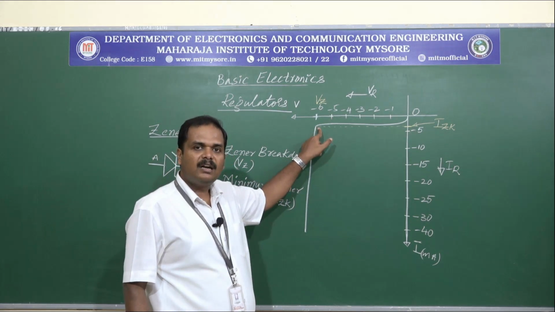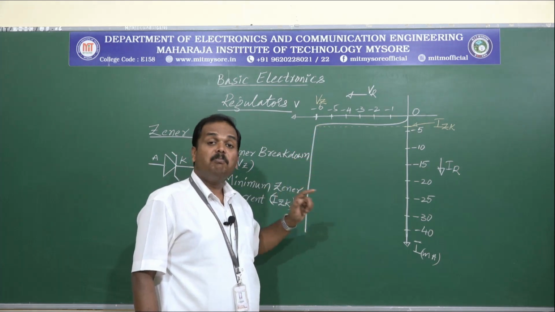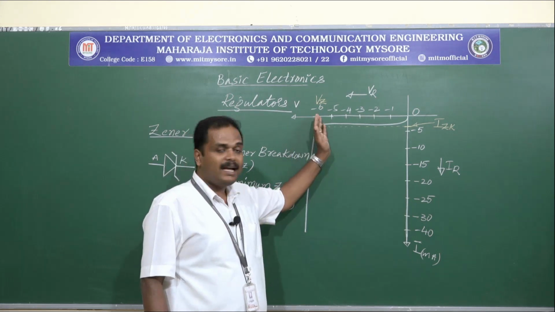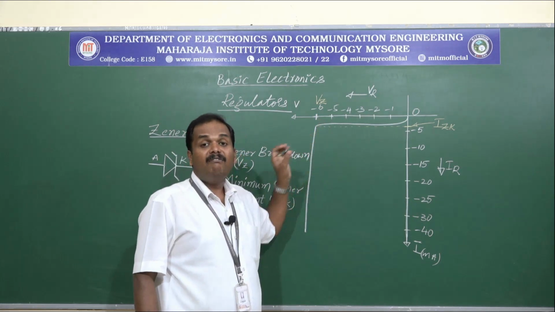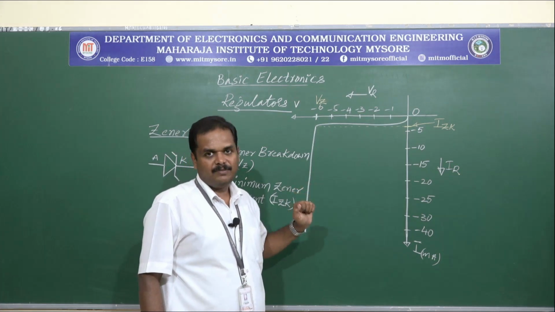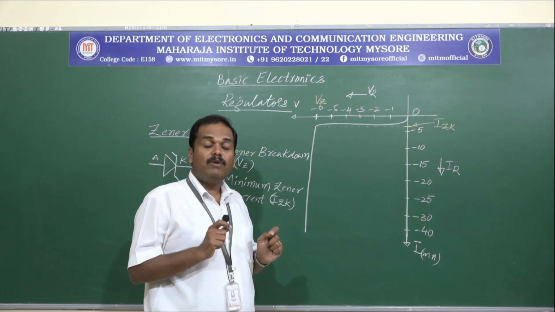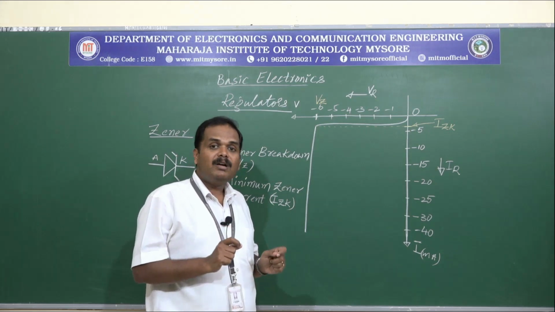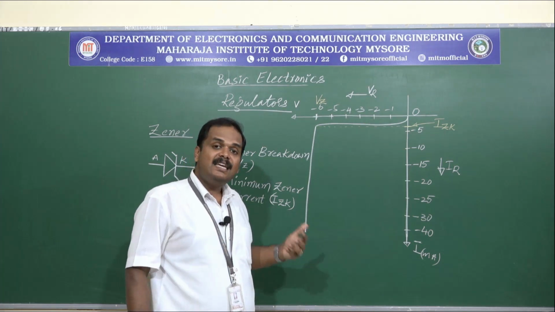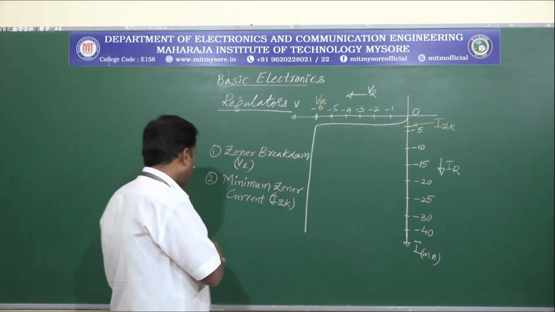At this particular point, what is the current? That shall be read as IZK. This is the minimum current required to maintain the breakdown region. If you go below this, the Zener will not be working in the breakdown region. So we should make sure that the circuit elements allow a minimum current of at least IZK, so that the Zener will be working in the breakdown region.